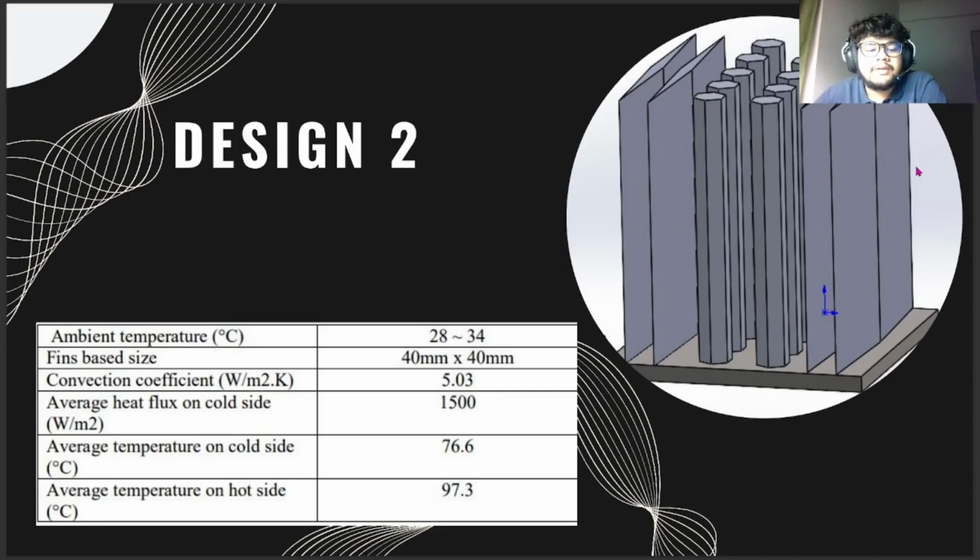Average of the heat flux on cold side is 1500 watt over meter square. The average temperature on the cold side is 76.6 degrees Celsius. Average temperature on the hot side is 97.3 degrees Celsius.